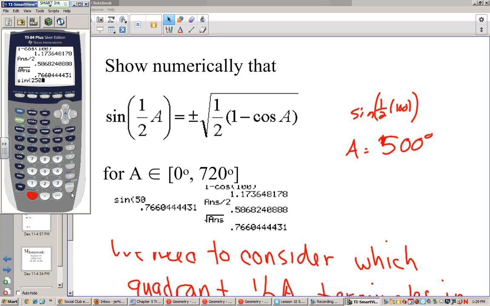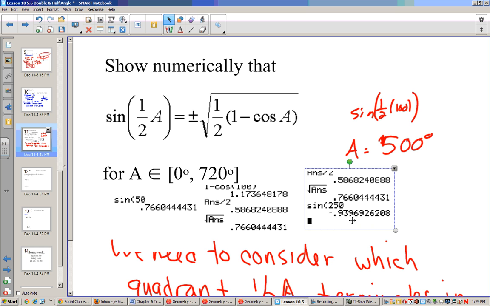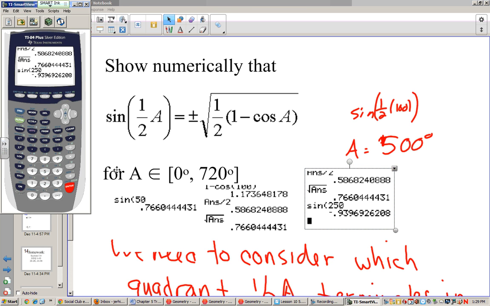So if I take the sine of 250, that would be negative 0.9396. And now let's do the same thing, where I do 1 minus cosine of 500. Enter. Multiply that times a half. And now we square root it.